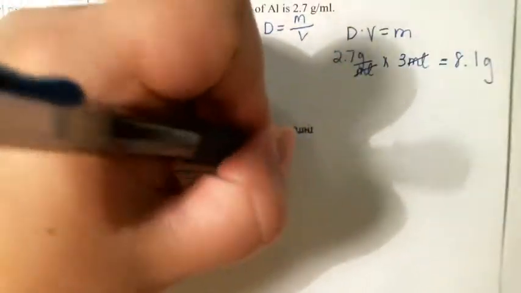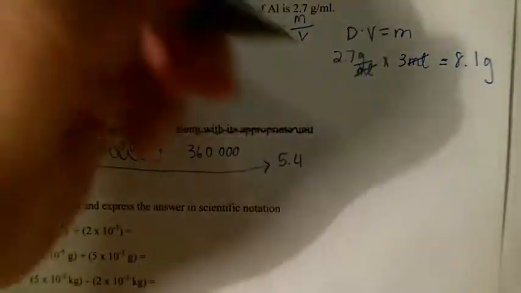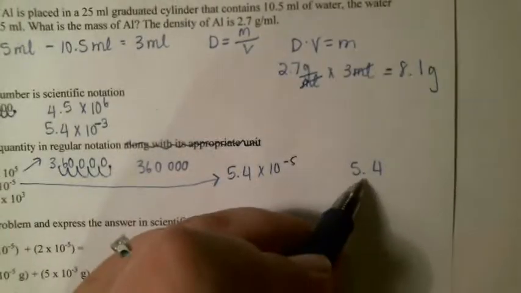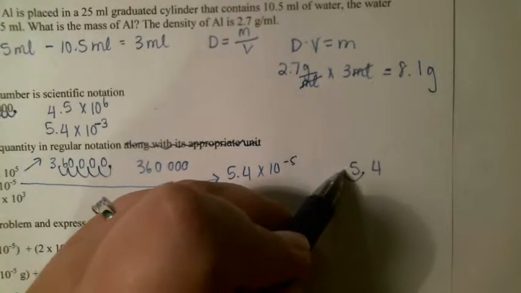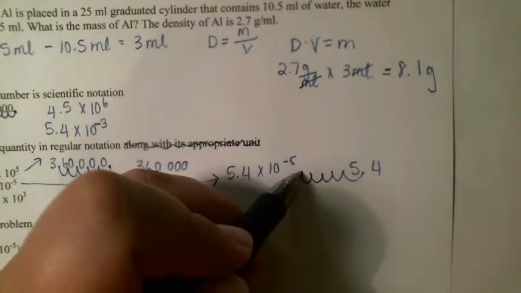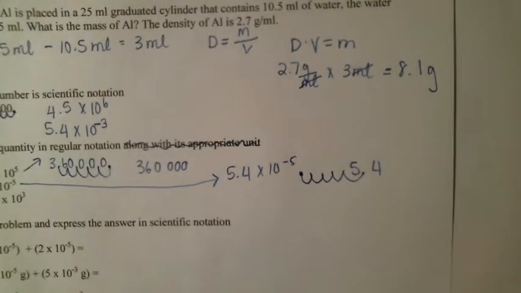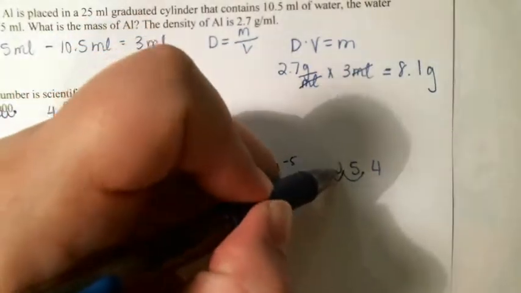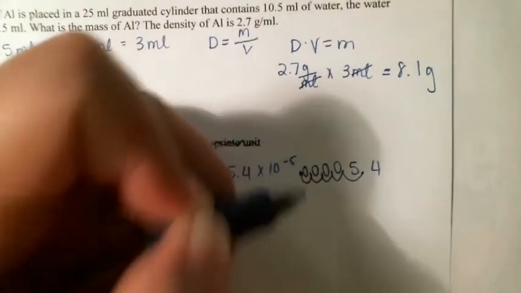All right, so the number is 5.4 times 10 to the negative 5th. I'm going to hop the decimal 1, 2, 3, 4, 5 times to the left. I'm going to fill in zeros everywhere.